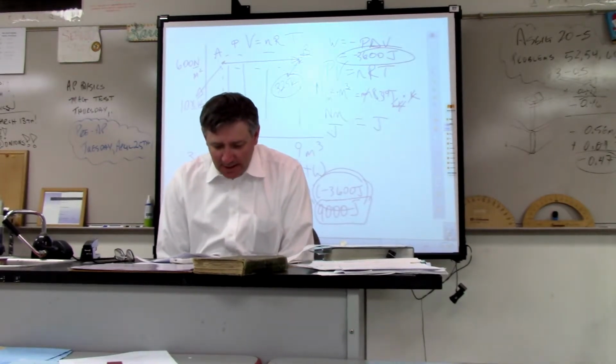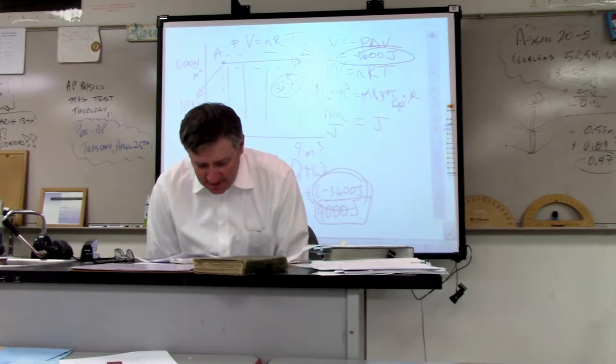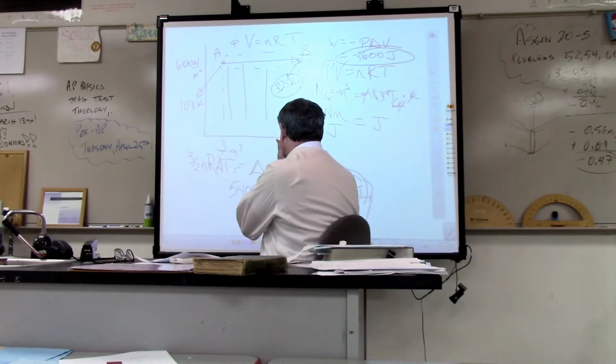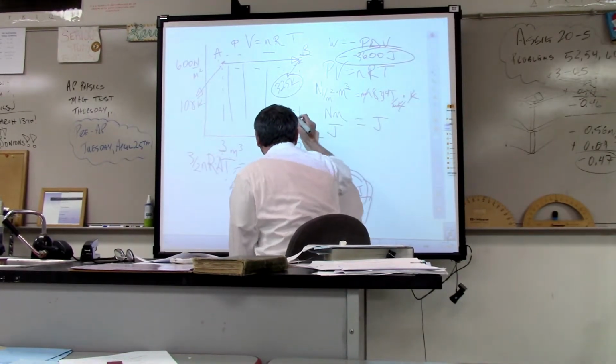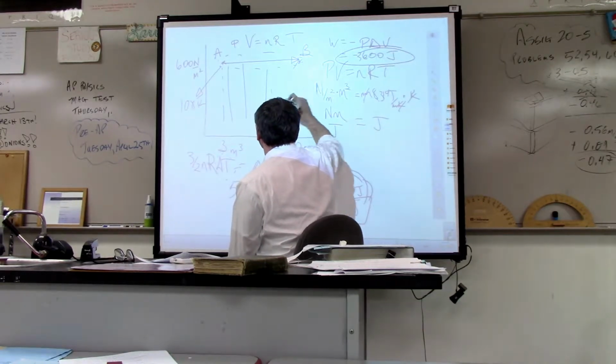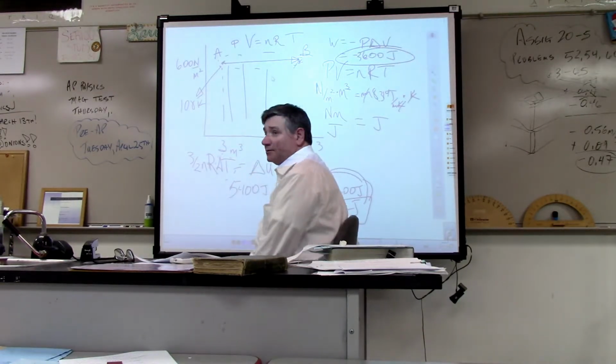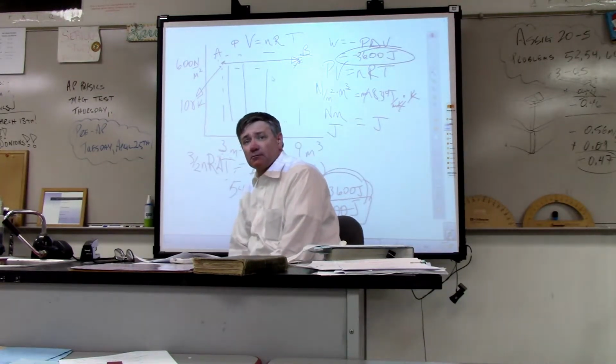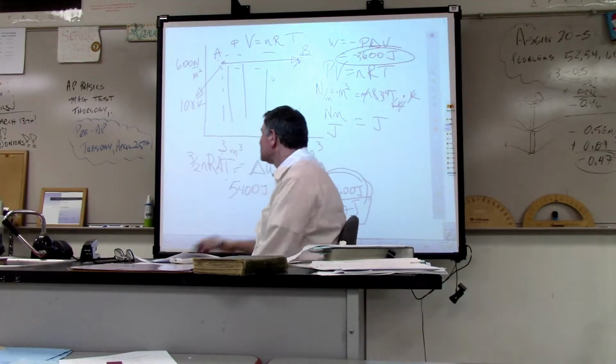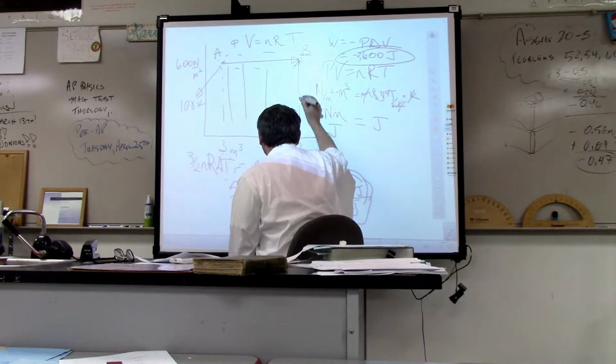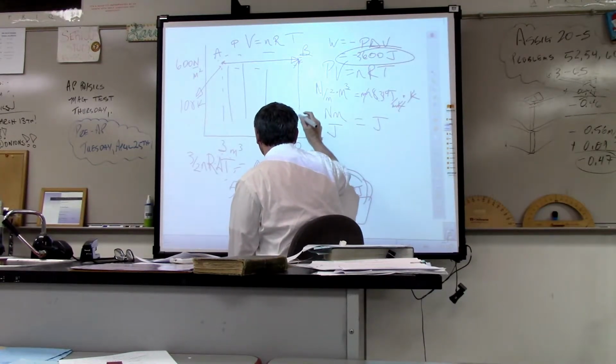Okay, from state B to state C. So what's that look like on your graph? Draw a line. Straight down? Yes. Okay.